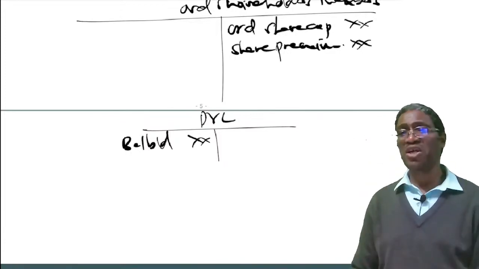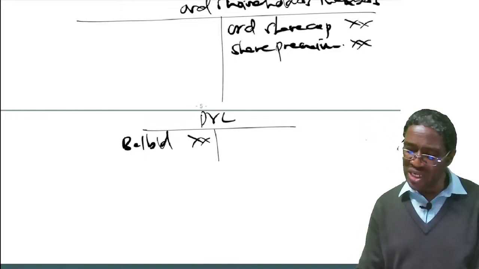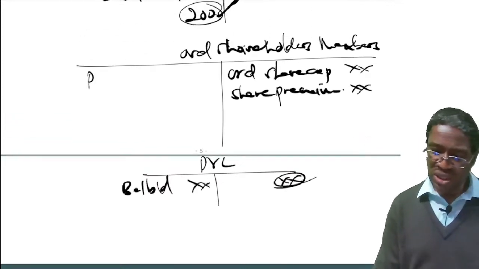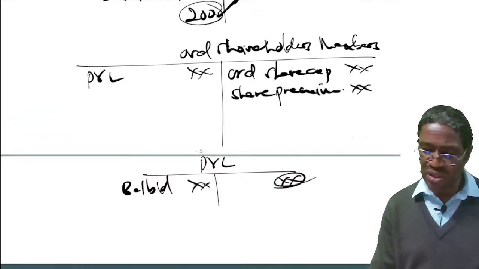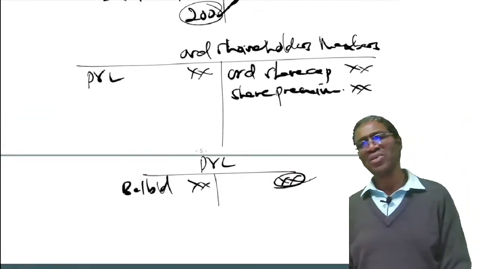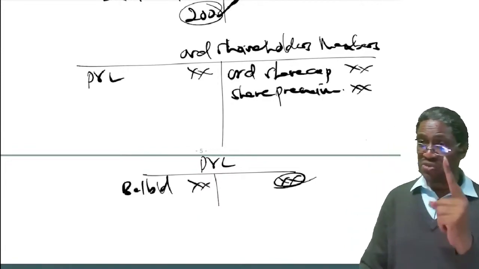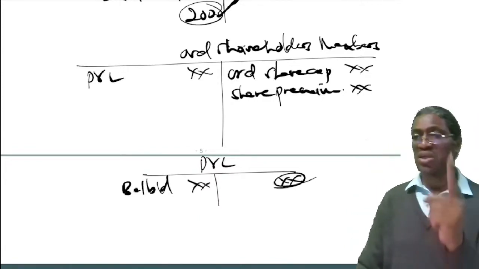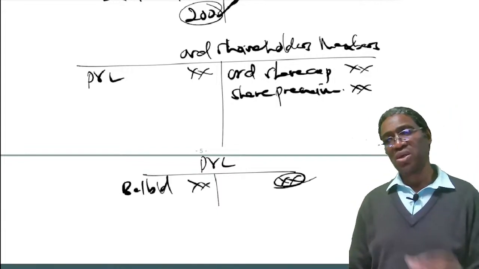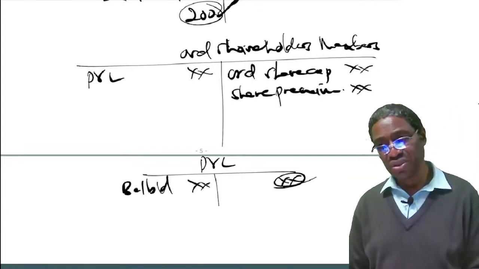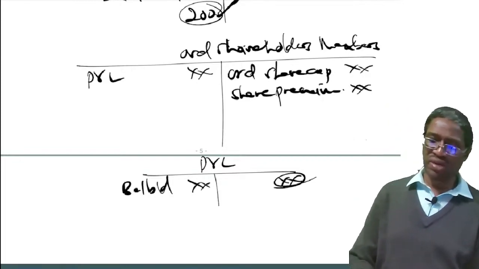Let them suffer the loss of this company. So you will credit P&L account and you will debit the ordinary shareholders members account. Good. So that's our step number 8, which says transfer reserves to the ordinary shareholders members, whether positive reserve or negative reserve. Let me discuss number 9 first.